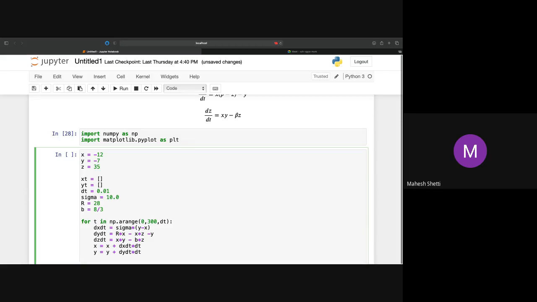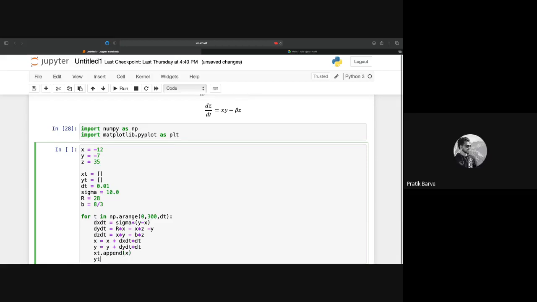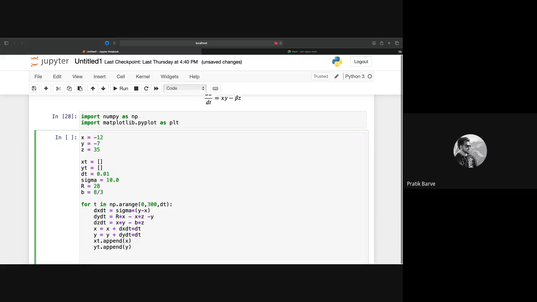This is the Euler integration method. And we'll append to xt and yt. We'll put x values in xt and y values in yt. So yeah, now we have all our values. We'll now plot a basic figure.